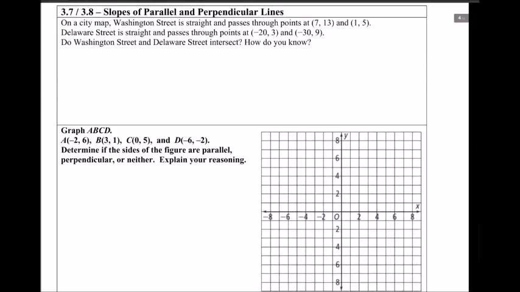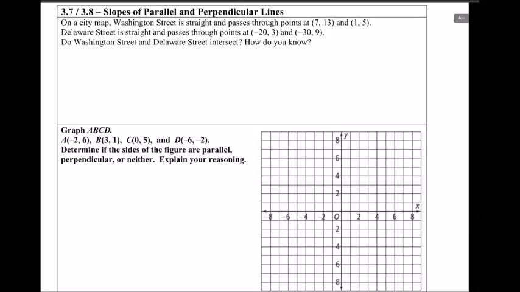3.7 and 3.8. This was a pretty easy lesson, just a good algebra review that we are going to use to our advantage here for geometry. Let's see what our first problem says. On a city map, Washington Street is straight and passes through our given points. And Delaware Street is straight and passes through those given points.